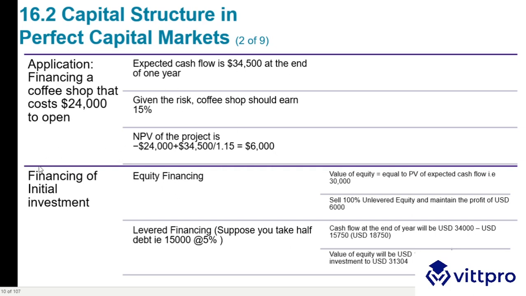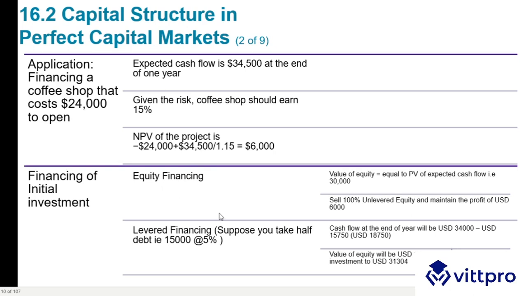So did you understand this last part? If we invest with equity, the value of the company still remains at 30,000, right? With equity financing, the value of equity is always equal to the present value of future cash flows, which is 30,000 now. So the future cash flow is 34,500. So the value of equity is $30,000, right?